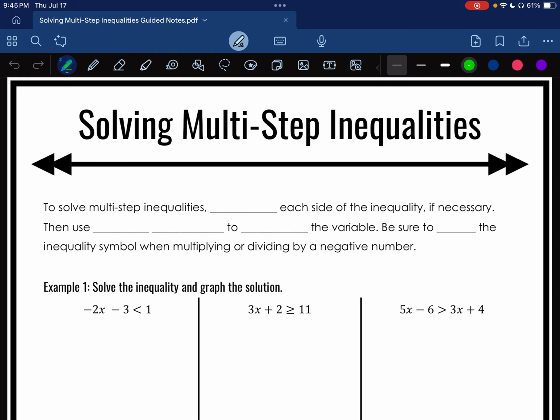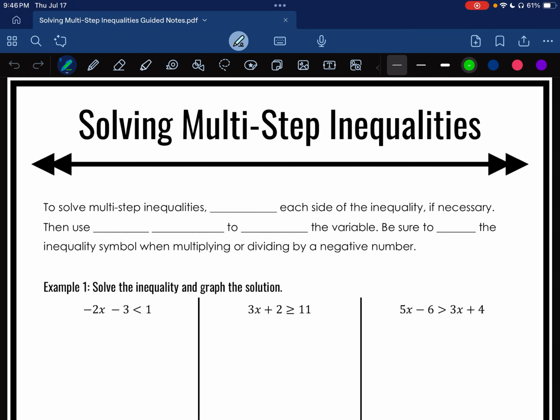The reason is that negative numbers work in the opposite direction that positive numbers do, so we want to account for that by flipping the symbol when we multiply or divide by a negative number.